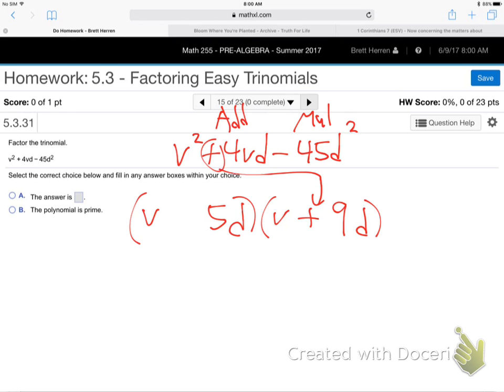Oh, negative. It's always focus on the middle. Well, it's got to work for both, but especially the middle. Plus 9 minus 5 is plus 4, and they multiply to be negative. Either order, you could swap the order, as long as the 9 is positive and the 5 is negative. Good? Really good? All right.